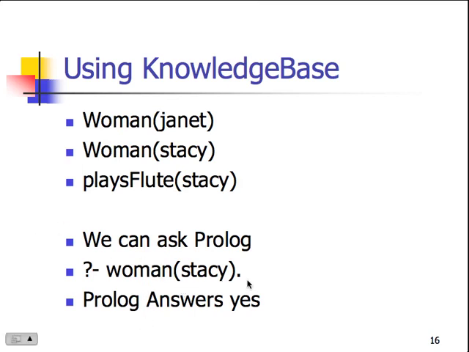Make sure you put the dot at the end. These facts don't have dots at the end because we're loading up the information. The dot tells us that we're done typing this stuff in. You can actually type this in if you wanted to and see what it looks like. It's not going to say Prolog answers. It's going to come back and say either true or false or yes or no, depending upon the version of Prolog that you're using.